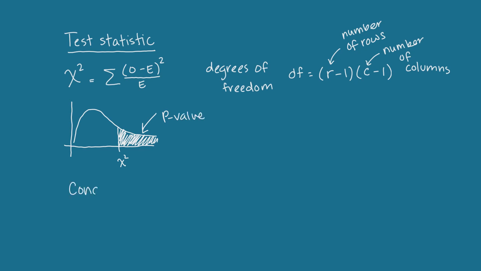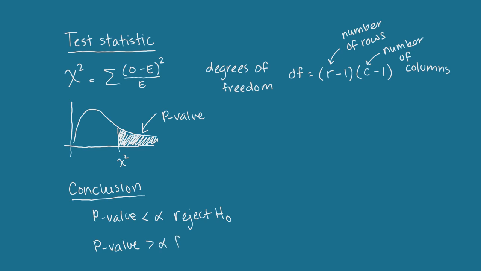And the conclusion that we make, again, it's the same as it's been all semester. If your p-value is less than your significance level alpha, you're going to reject the null hypothesis. And if your p-value is greater than your significance level alpha, you are going to fail to reject the null hypothesis.